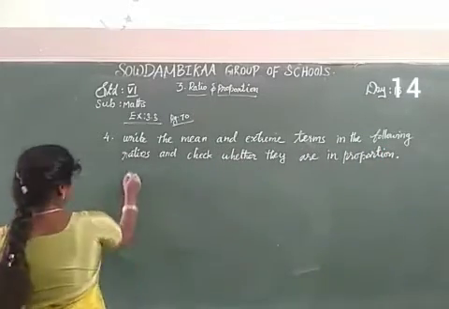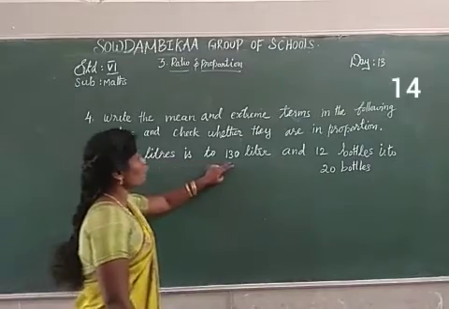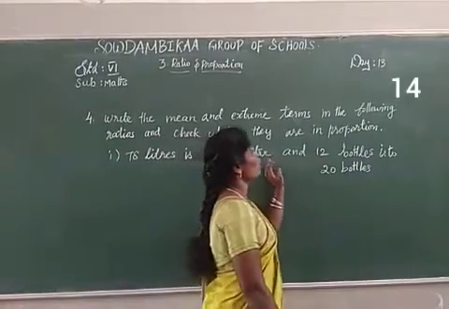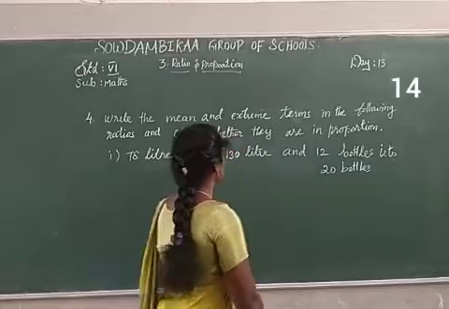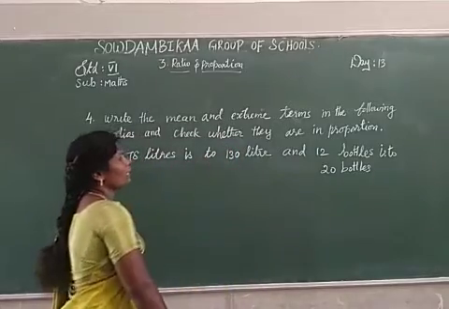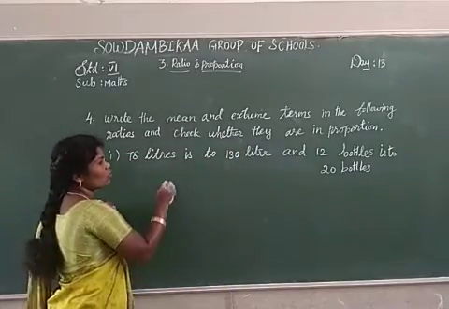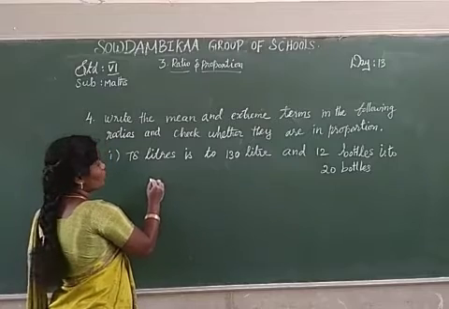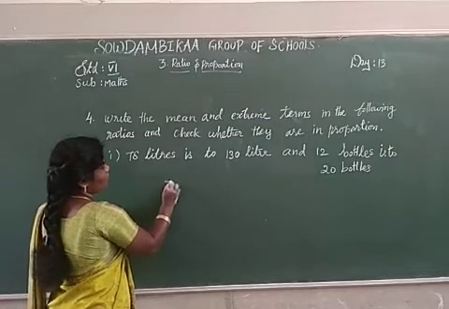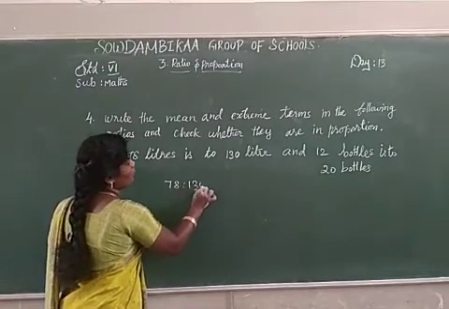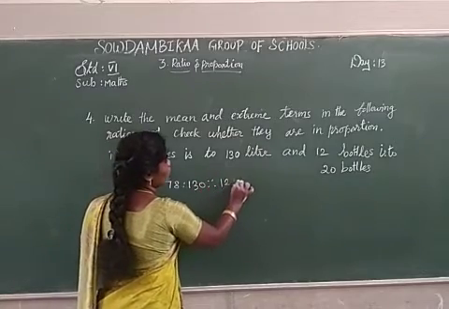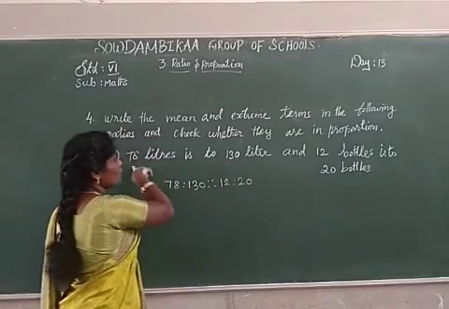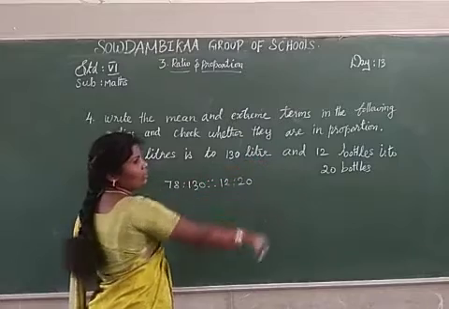The first point: 78 liters is to 130 liters and 12 bottles is to 20 bottles. So 78 is to 130 is equal to 12 is to 20.